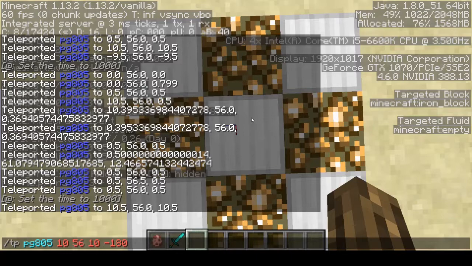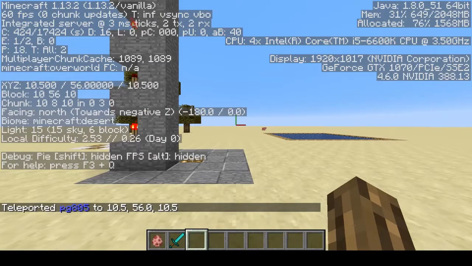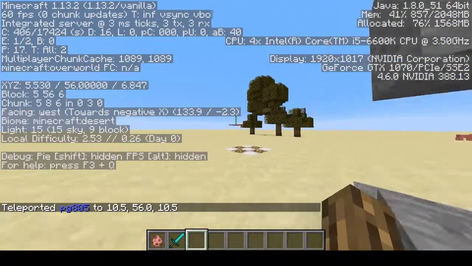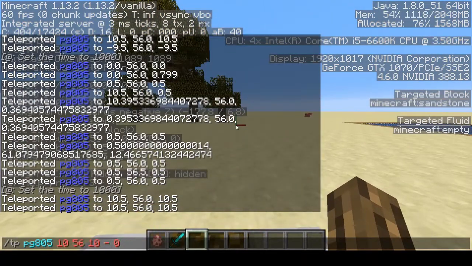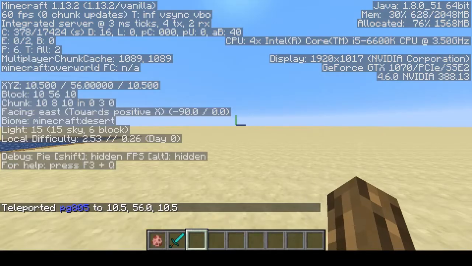And then you can do 0, and that should have you looking straight forward at the horizon. And look at that, I'm looking straight at the horizon, I'm facing north. So, you know, if I wanted to face east, east was negative 90. Yep, that's east.